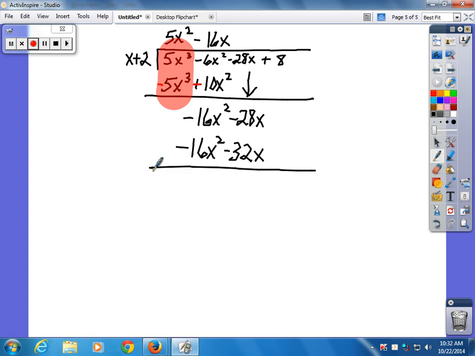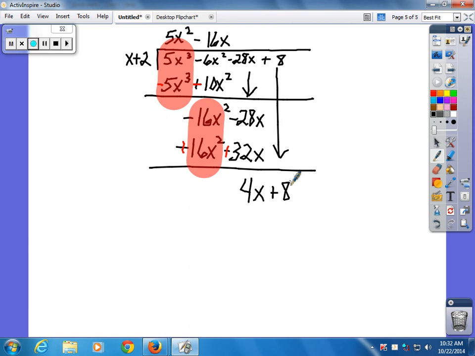Distribute the little negative, and that'll make this what? Positive, and make this positive. And what happens to the first term? It goes out. Negative 28 plus 32 is what? 4x, Hubert. That's right, class. Plus 8.